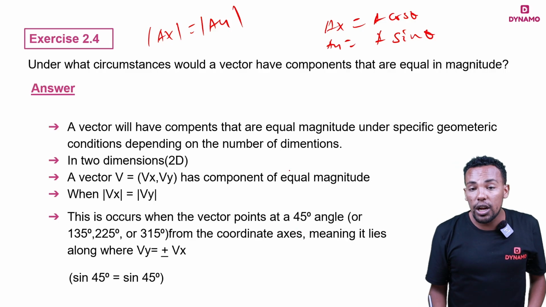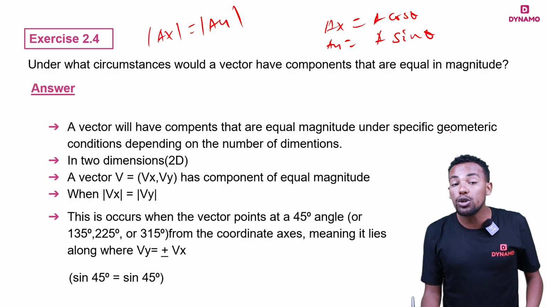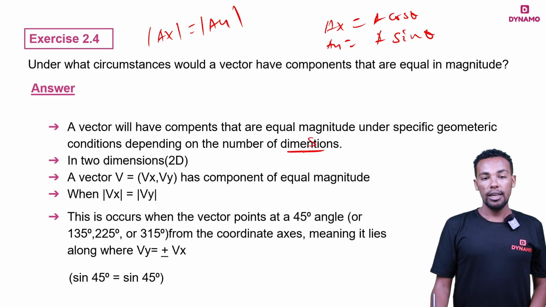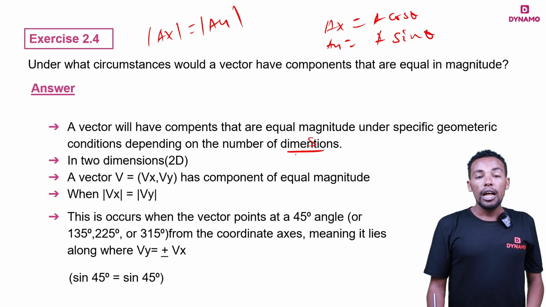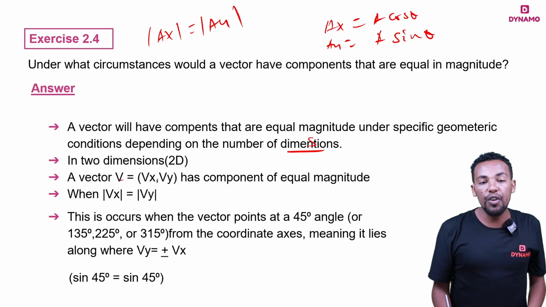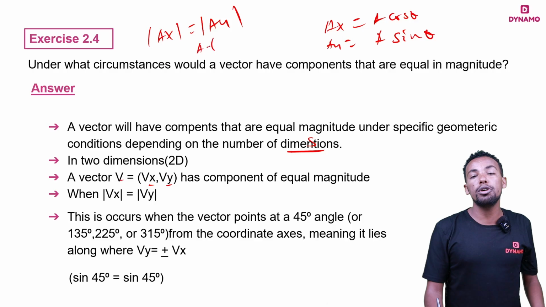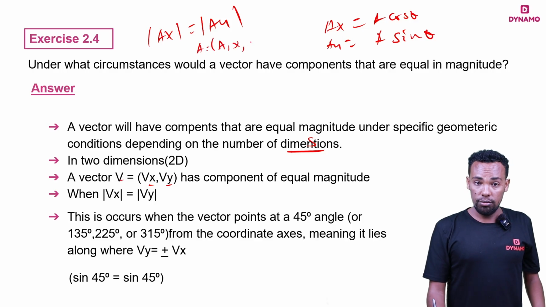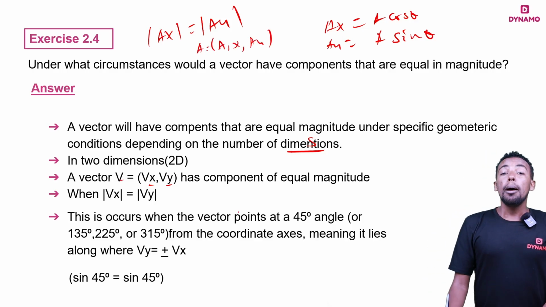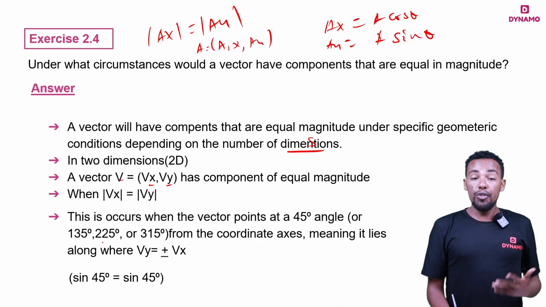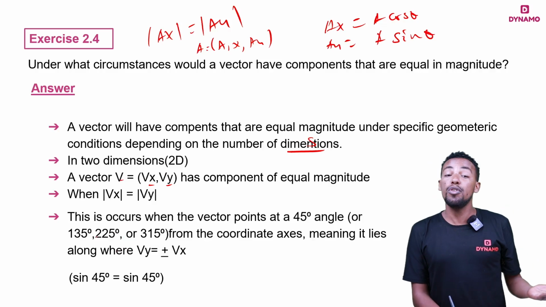A vector will have components of equal magnitude under a specific geometric condition, depending on the number of dimensions, in two dimensions. Look, if a vector v has components vx, vy, you know, like ax, ay. You know this one, it's very simple. So what does it mean here? The velocity v equals vx, vy.